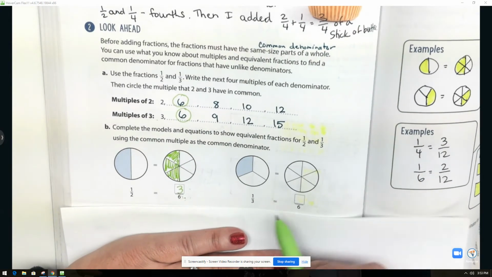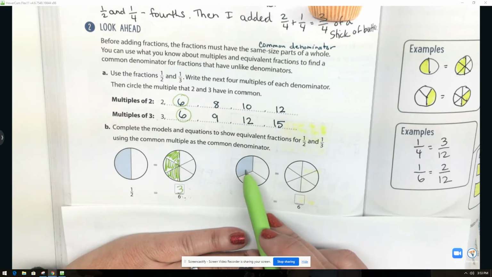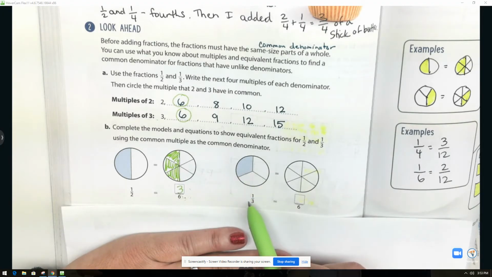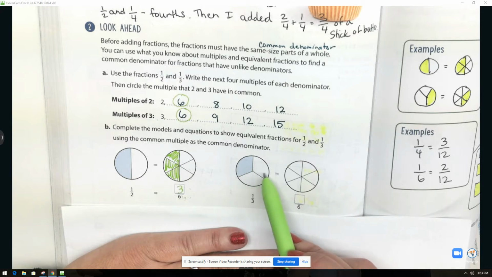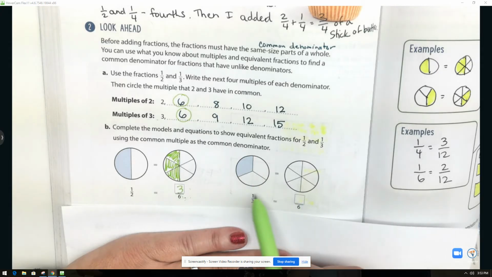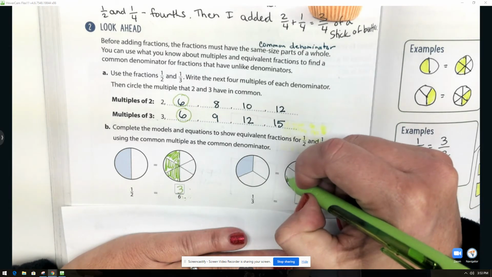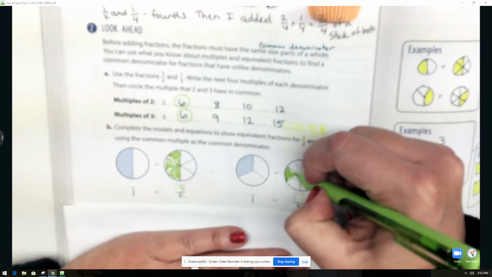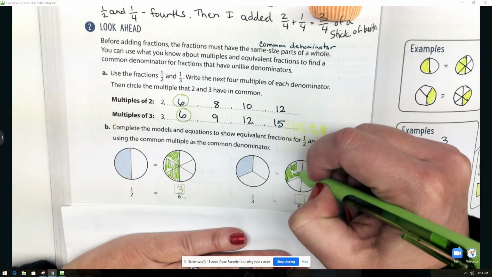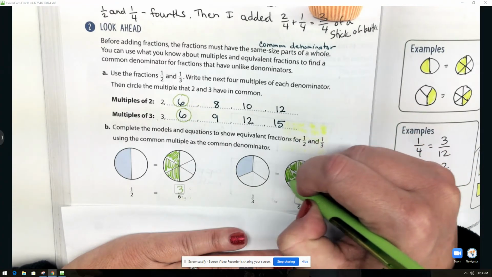Now, when we look at this 1/3, we see that we have 3 parts. The circle is broken into 3 parts, and we've colored in 1 part. Over here, we're going to see how many parts do we shade in to make our pictures match. So we're going to shade in that part and that part.